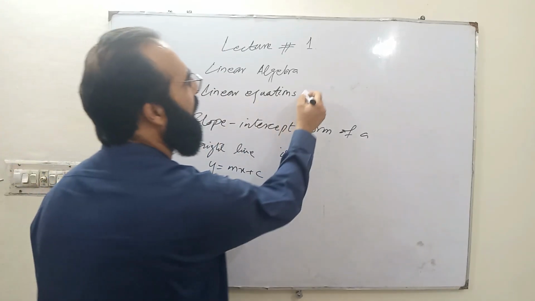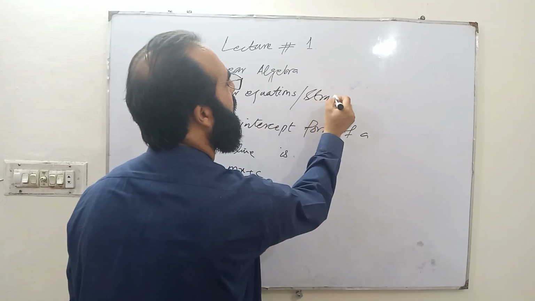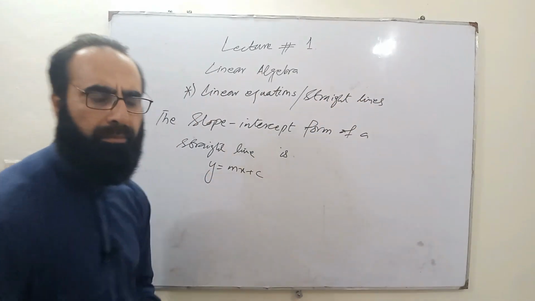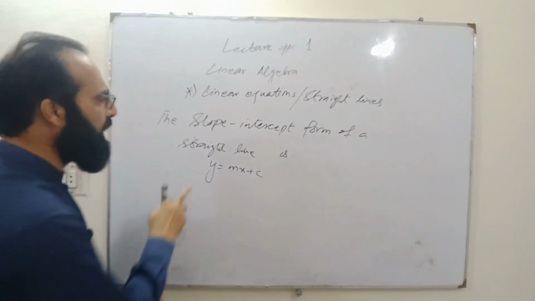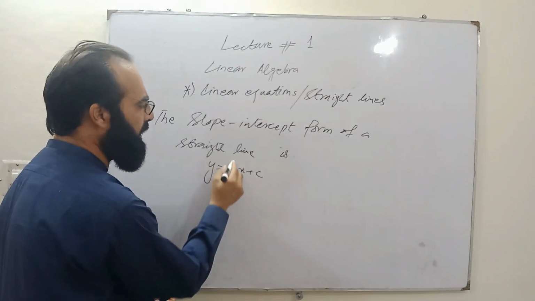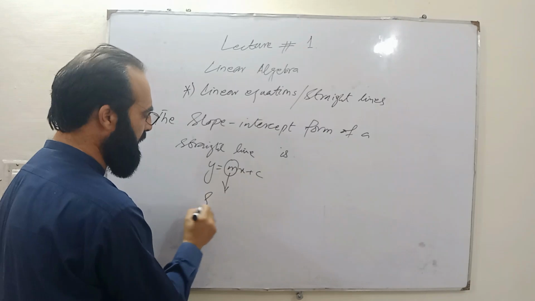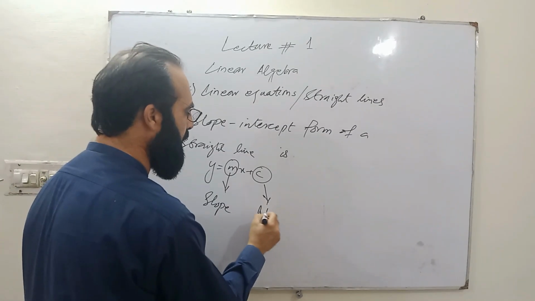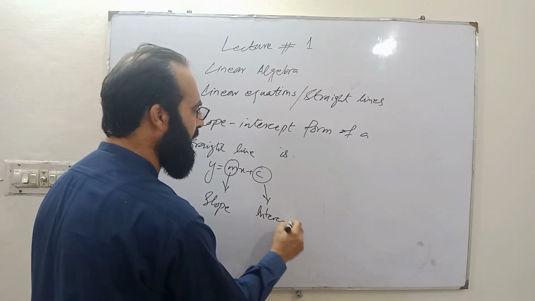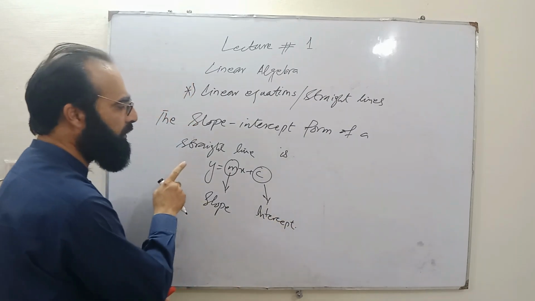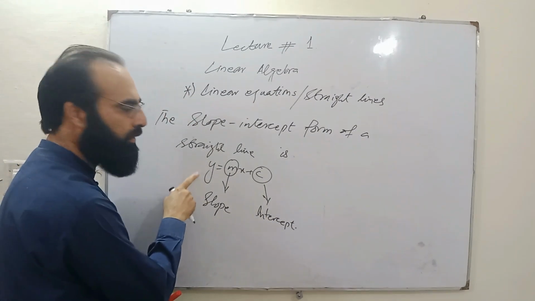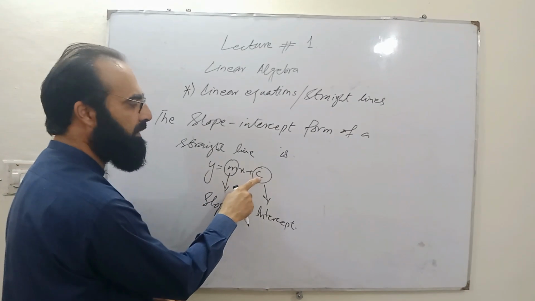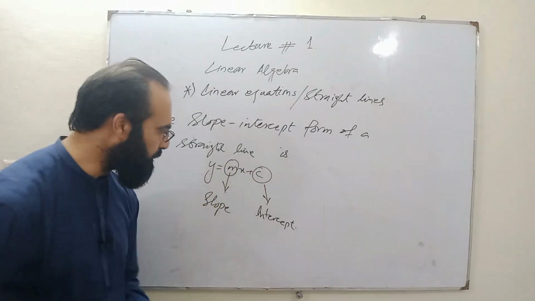Linear equations are straight lines. So in this straight line, y is equal to mx plus c. m is basically representing the slope of the straight line and c is representing the intercept. Intercept means y-intercept. So this shows that this straight line y is equal to mx plus c will pass through the y-axis at c.